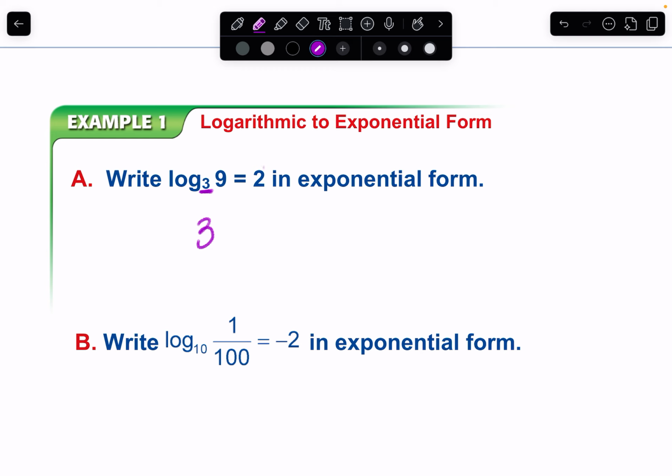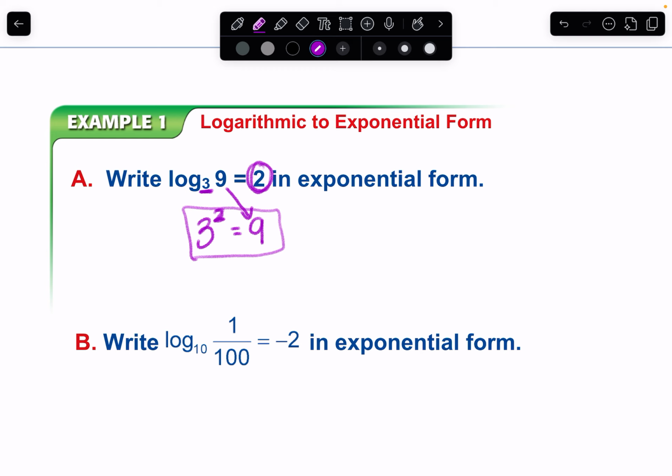The 2 that is right here is going to become your exponent, and then the 9 is going to move over to this side. So it should make sense when you're rearranging it that 3 squared is equal to 9, like the two sides should balance out. To change it to exponential form, that's all you're doing.